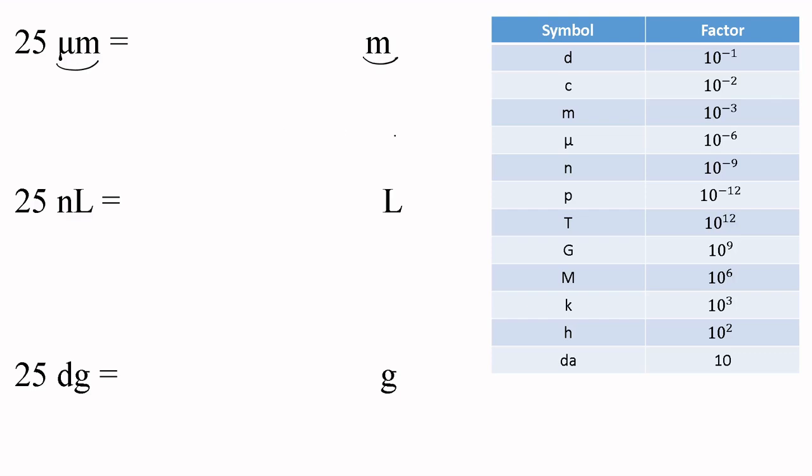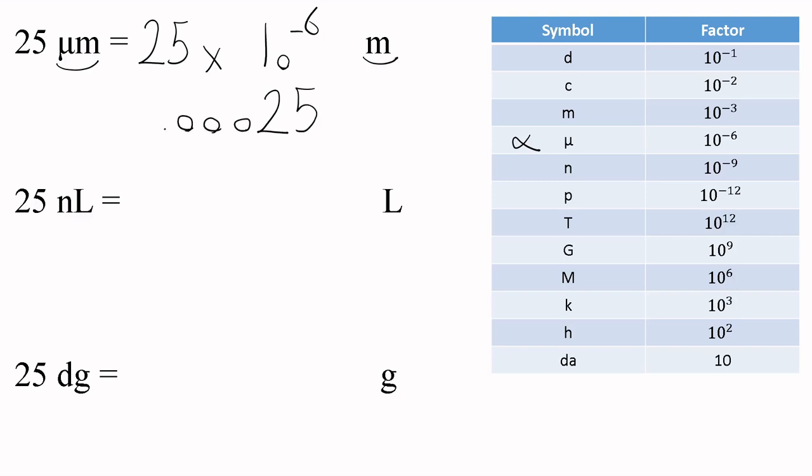We must multiply by micro, 10 to the power of -6. So 25 times 10 to the power of -6. And we can write it in decimal form. 25. We need 4 zeros, and then we need the point.